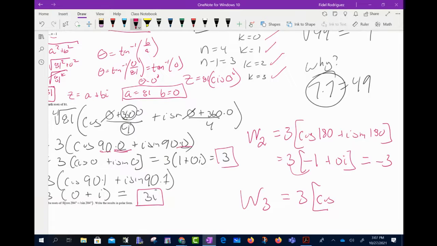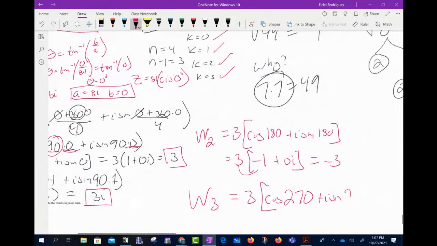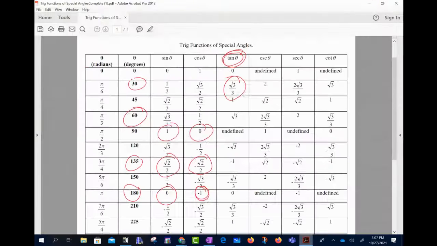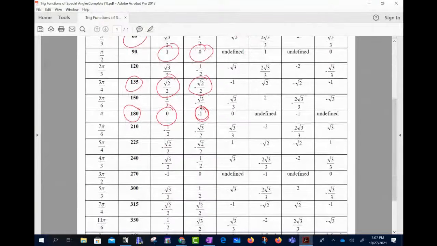When k is equal to 3, look what we're going to do. What's 90 times 3? Anyone know? Very good, 270. Now I'm going to pull up my chart one more time. Here we are at 270.